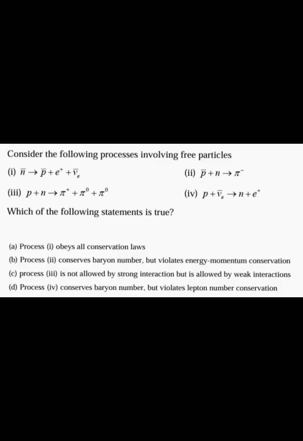The next question is: consider the following processes involving the free particles. That is n gives p plus e plus nu e, p plus n gives pi minus, p plus n gives pi plus pi 0 plus pi 0, and p plus nu e bar gives n plus e plus. Which of the following statements is true? So here the reaction given is n bar gives p bar plus e plus nu e bar. These all are antiparticles and the charges are 0, -1, 1 and 0.